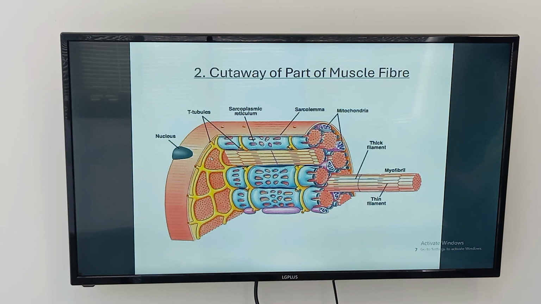Now, we're going to take a further explanation of the cutaway part of the muscle fiber. Of course, we have a nucleus. The yellow parts, as you can see here, are called T-tubules. They are tiny tubules. The blue part is called the sarcoplasmic reticulum.